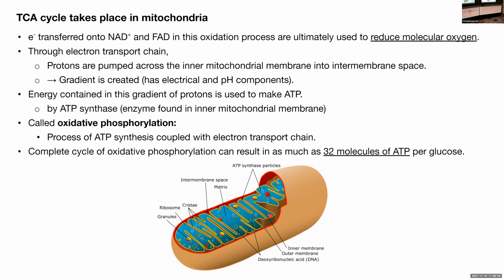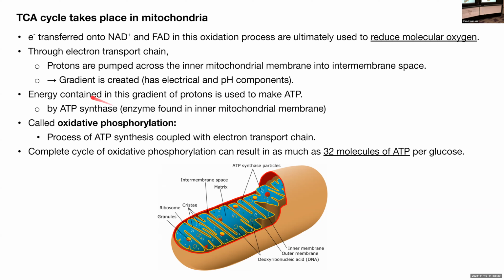So they get out of the matrix. This process sets up a gradient, both an electrical gradient because it's positively charged outside the inner membrane, and a pH gradient too, because the protons are pumped out. Protons, like hydrogen cations, can change the pH level there.